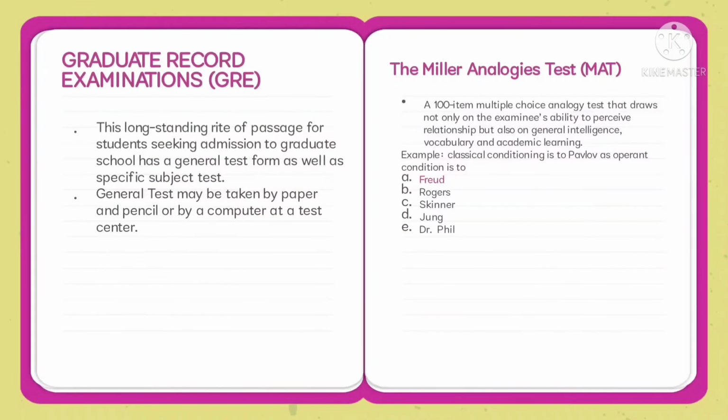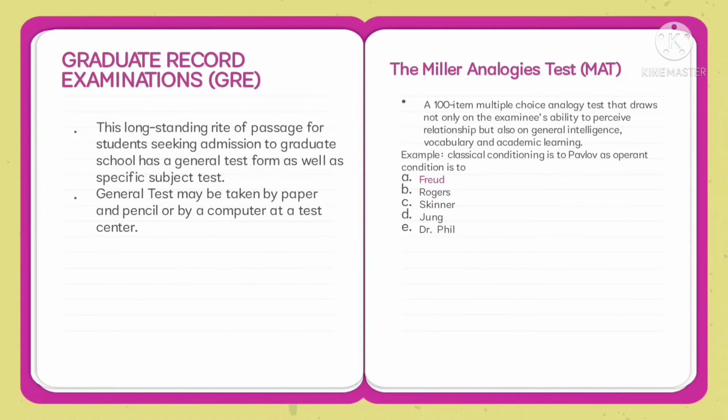College level and beyond. This long-standing rite of passage for students seeking admission to graduate school has a general test form as well as specific subject tests. The general test contains a verbal and quantitative section as well as analytical writing sections. The verbal subtest tests, among other things, the ability to analyze and evaluate written materials as well as the ability to recognize relationships between concepts.